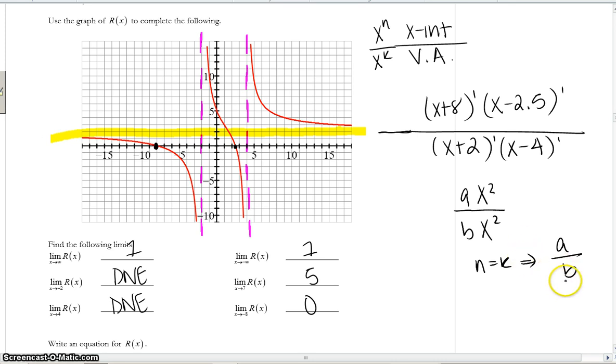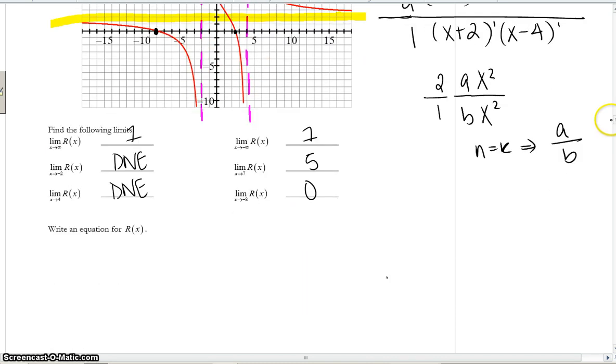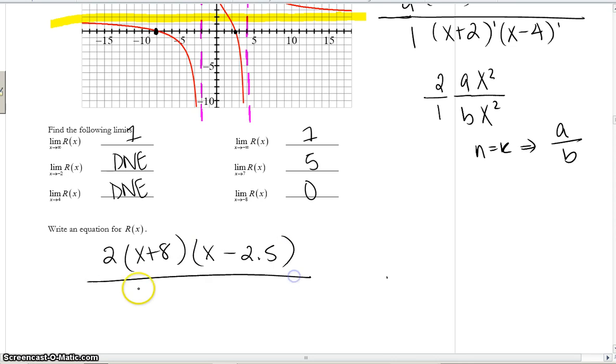So if our horizontal asymptote is 2 and it has to be an a over b, that would mean it's 2 over 1. And you can erase that 1, of course. So our final equation is going to be 2 times x plus 8 times x minus 2.5 over x plus 2 times x minus 4.